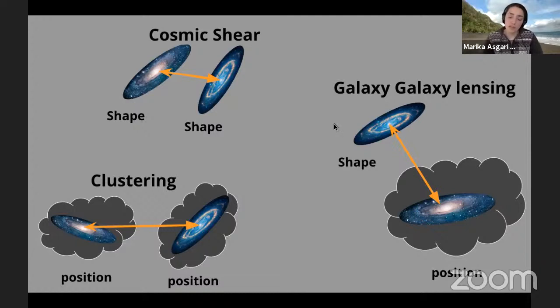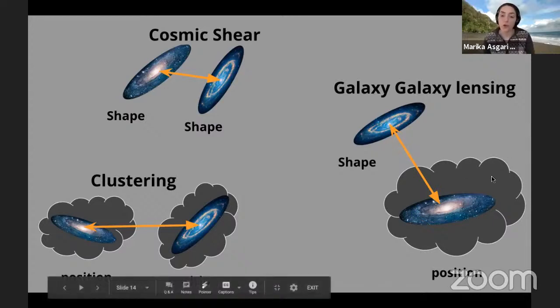And then there is a third probe, that's the cross-correlation of cosmic shear and clustering. With that one, we're looking at the cross-correlation between shapes of background galaxies with positions of foreground galaxies. And this is telling us what's the matter distribution around the foreground galaxies.